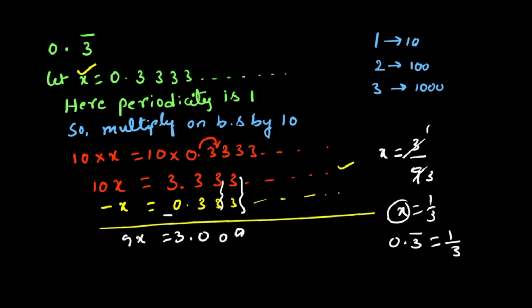This is the actual process, but now I am going to introduce you a shortcut. It's very interesting. So how to do the shortcut for this? Just focus, this 0.3 bar is there. Remove that decimal, then you can write the actual number, that is 3 divided by 9.